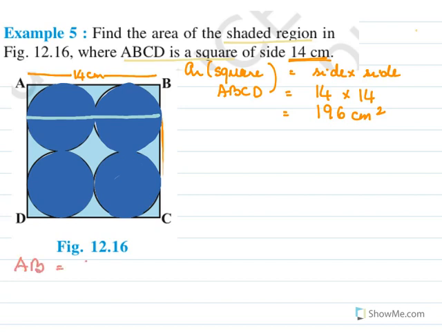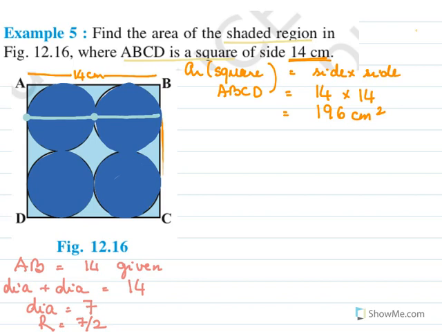So what I'm going to write here is AB equal to 14, this is given, but AB equal to diameter plus diameter, 2 diameters equal to 14. So that means 1 diameter equal to 7, and if diameter equal to 7, we know radius is 7 by 2.